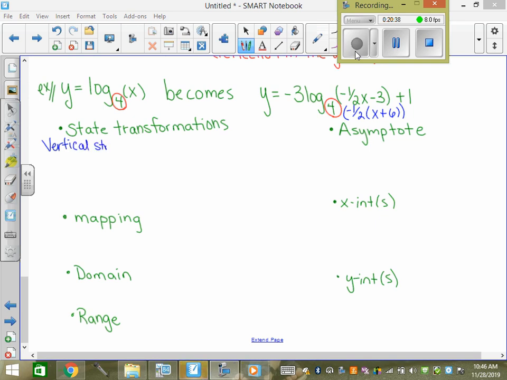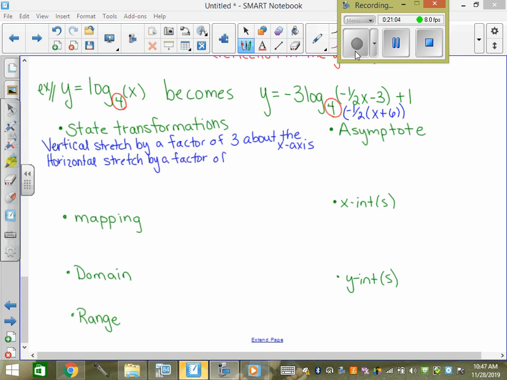So vertical stretch by a factor of 3 about the x-axis. Horizontal stretch by a factor of 2 about the y-axis. Reflection in both axes. Reflection in the x and the y-axis.